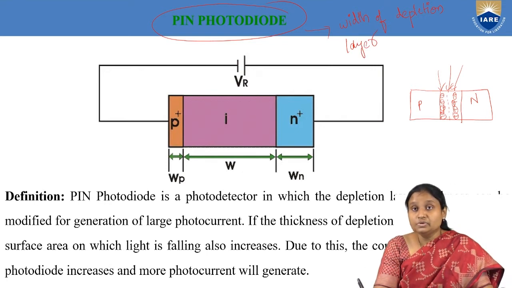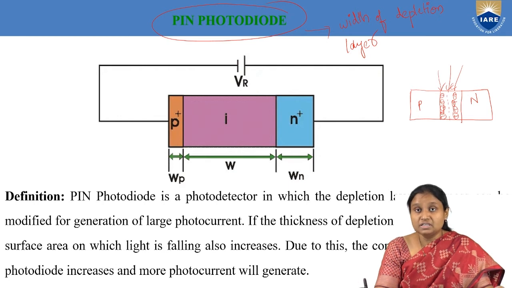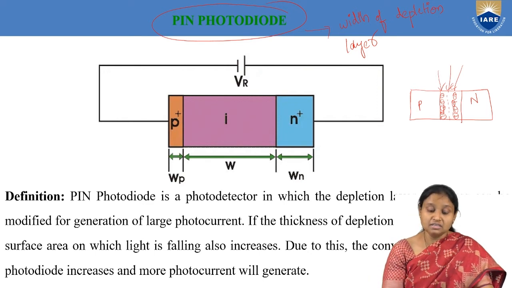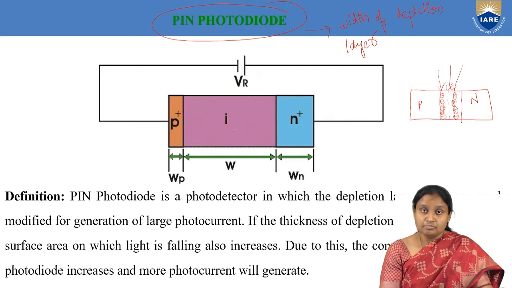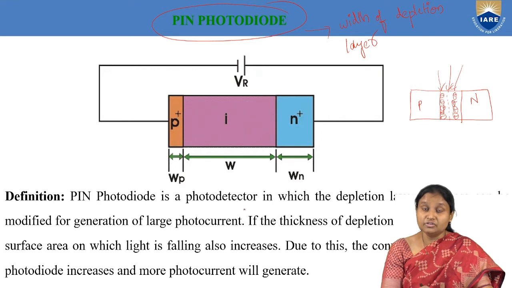And how are we going to increase it? By inserting one more layer, called the intrinsic layer. So we are increasing our depletion layer by inserting one more region, called the intrinsic region.